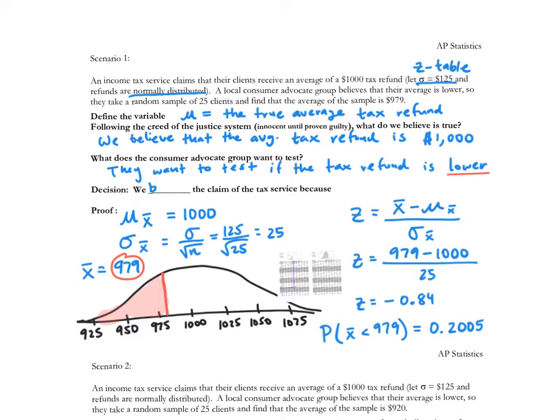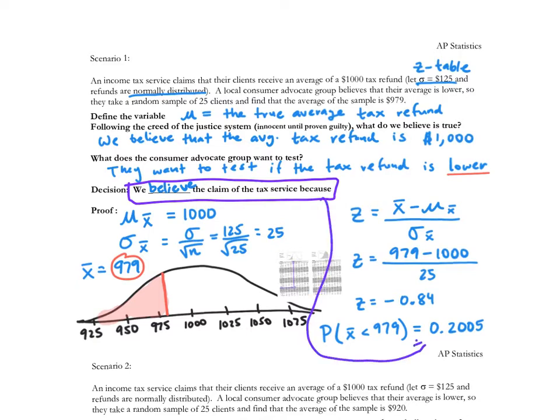So I'm going to put the word believe in this space here. We believe the claim of the tax service because of this. And I know some of you are going to ask, before you guys ask, how do we know that 20% is large or small, right?